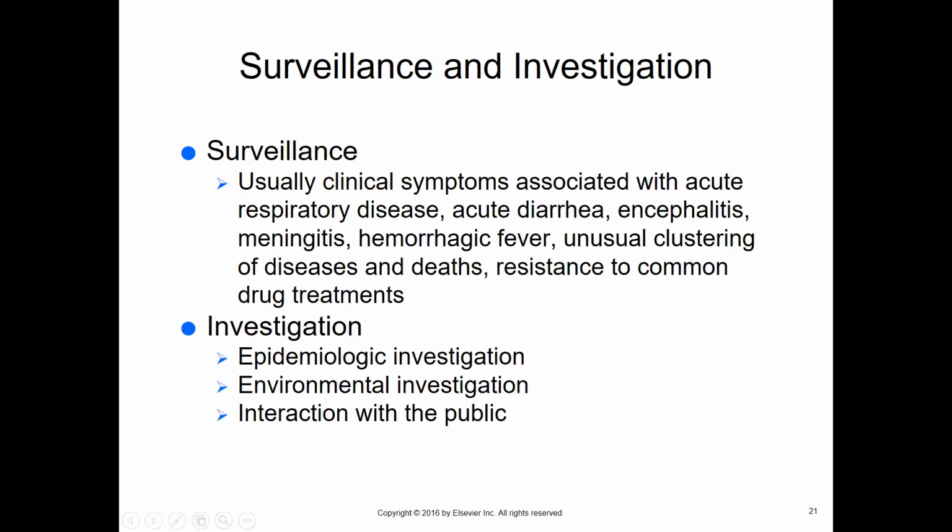We use surveillance. We use investigation through the cause or the epidemiology, how the environment has changed, and interaction of people, so how they behave and what things we can change in their behaviors to limit the transmission of some of these diseases.